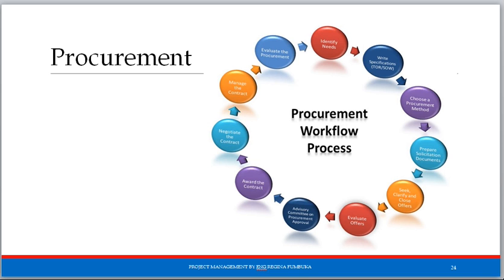Then about also planning, you also formulate a process called procurement process, ambayo itakusaidia kwamba okay, once you identify the needs, what next, mpaka unakuja kupata seller ambaye anakuja kusaidia katika project yako. So there is a process that you need also to create about your procurement.